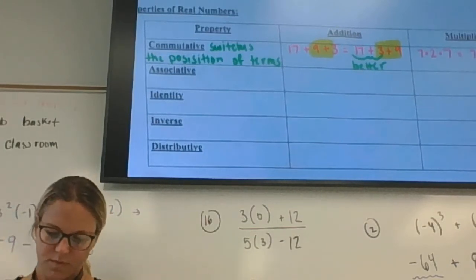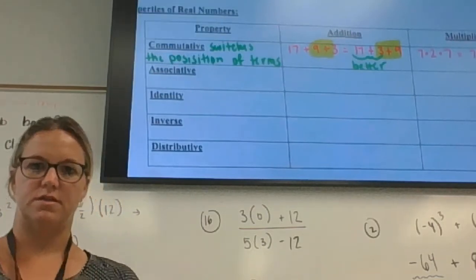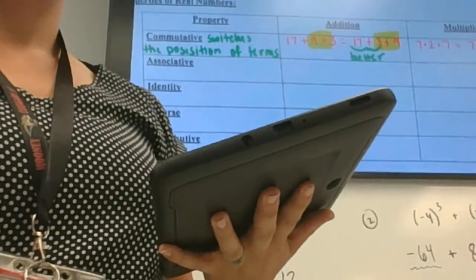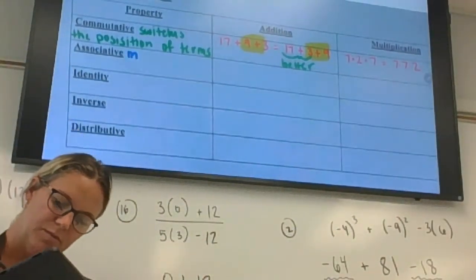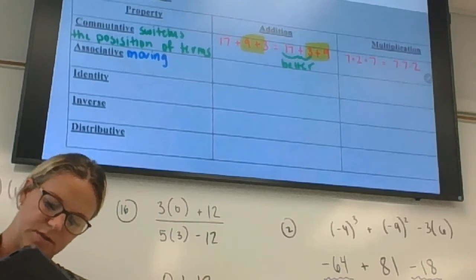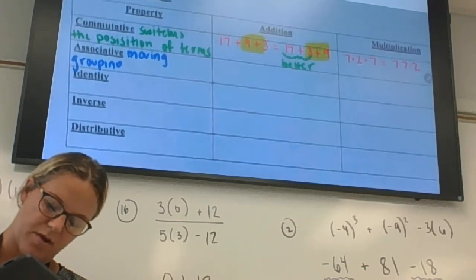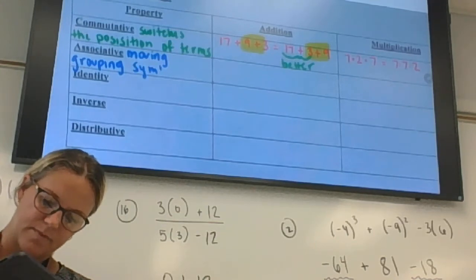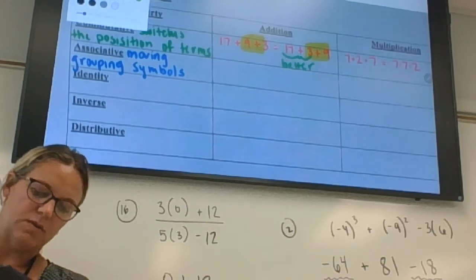All right, anybody remember what associative property refers to? Moving grouping symbols. Yeah. So what helps me remember this one is it's called the associative property.